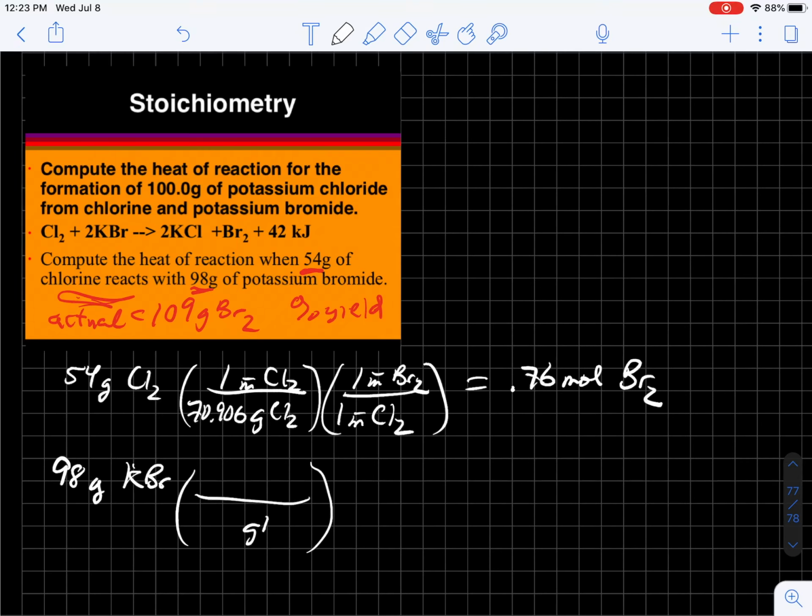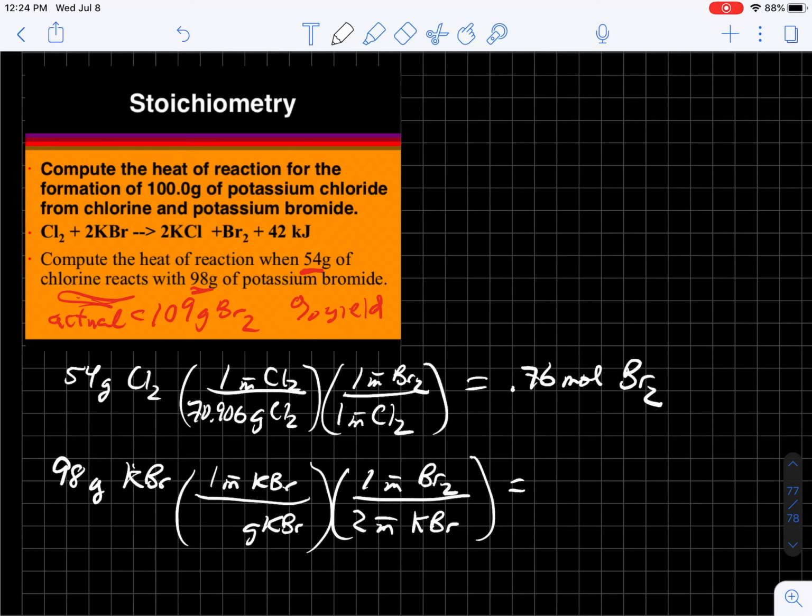Okay, so now I'm going to go back and repeat the process. 98 grams of potassium bromide. I'm going to convert that to moles using the periodic table. And then I'm going to come back and use my balanced equation. According to the balanced equation, 2 moles of potassium bromide will produce 1 mole of bromine. So now I look up the mass of potassium bromide. Potassium is 39.098.